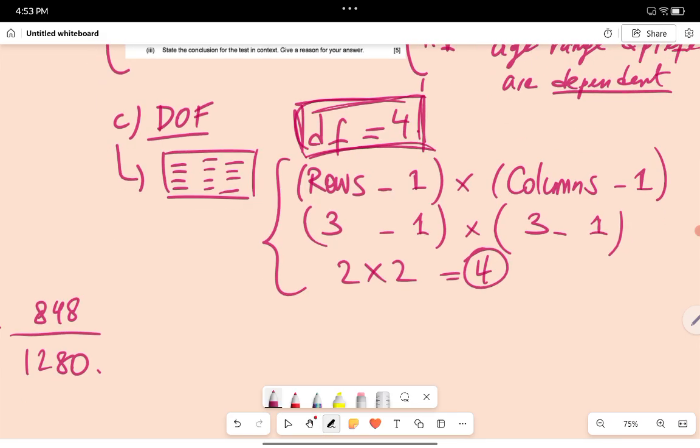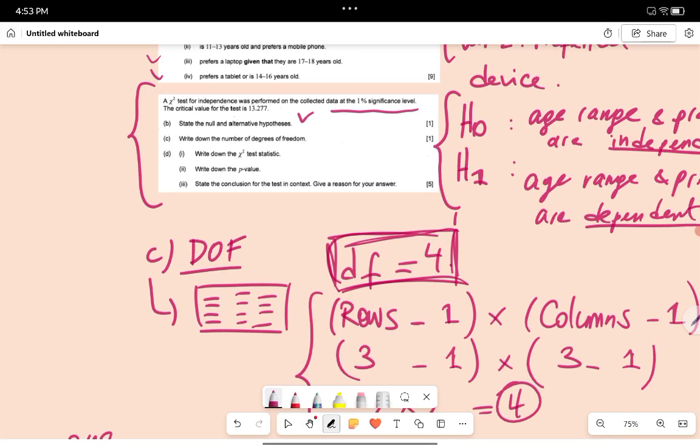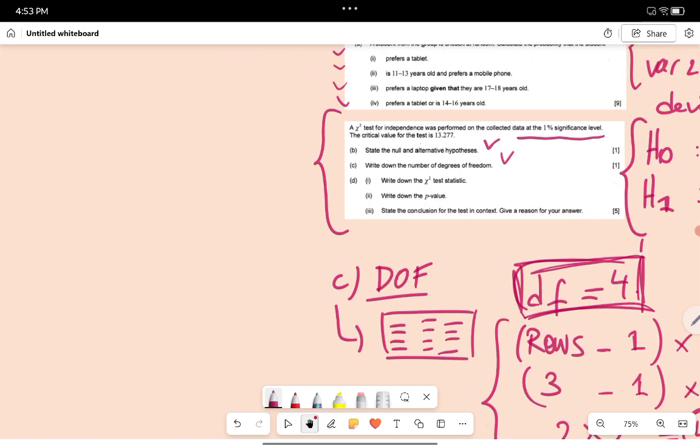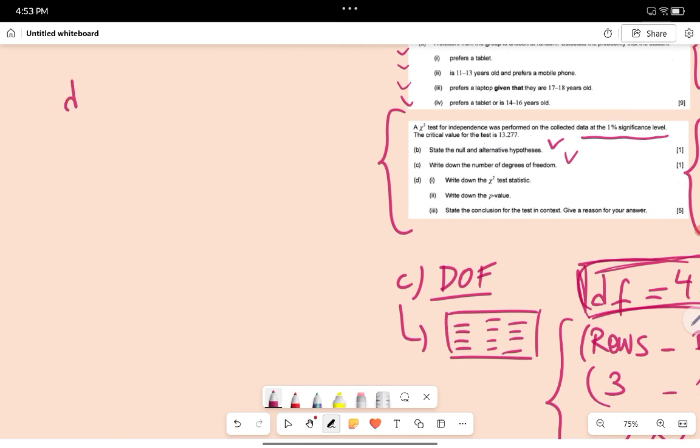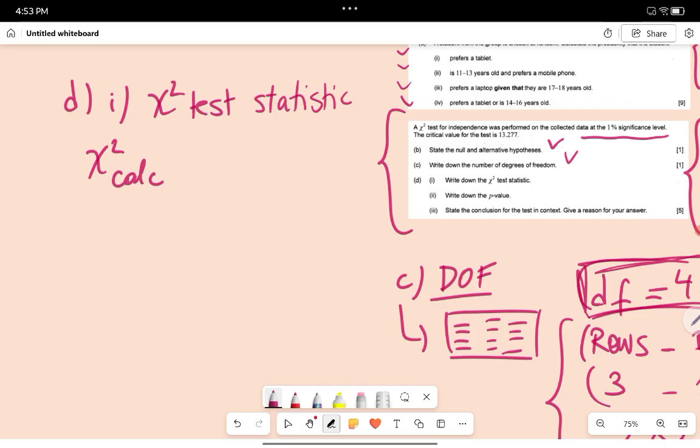Okay, so that is the question C. Then D, write down the chi-squared test statistic. When they say this, it is actually the chi-squared calc, as explained in the slides and in my summary sheets.